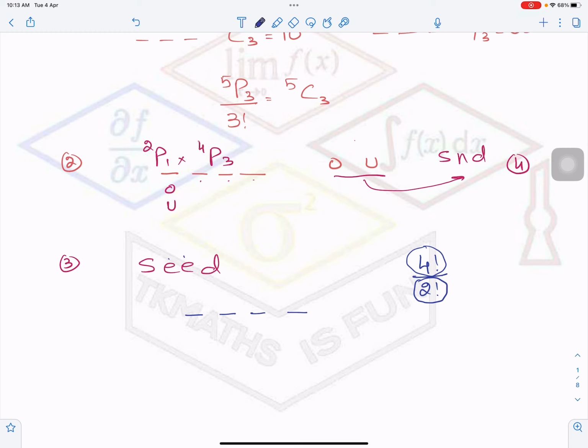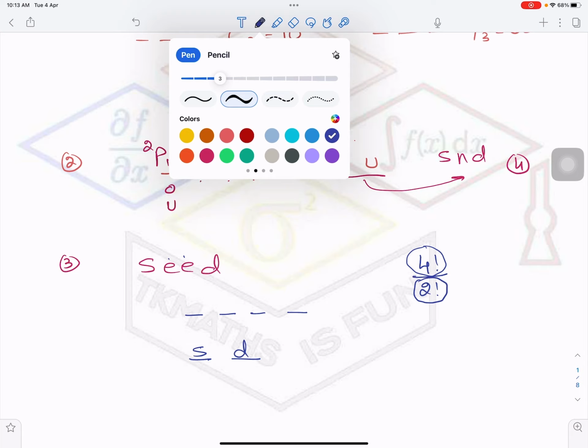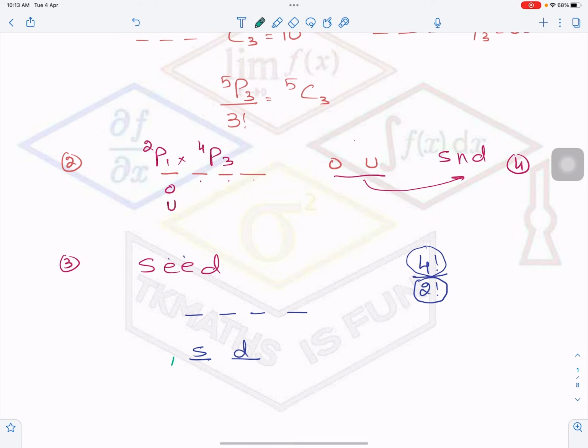Okay, now if I have to arrange 4 letters such that E's are not next to each other, S and D have no issue, they can come on 2 places, right? And E's which have to be separated from each other, they have to be in between or in the beginning or the end, right?